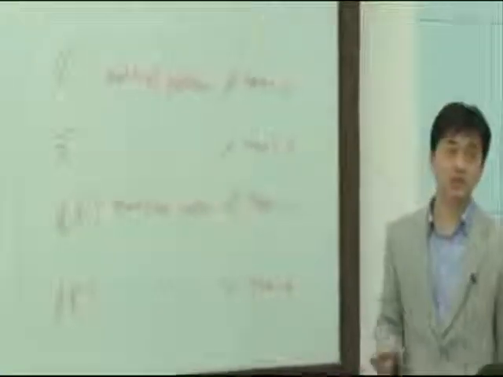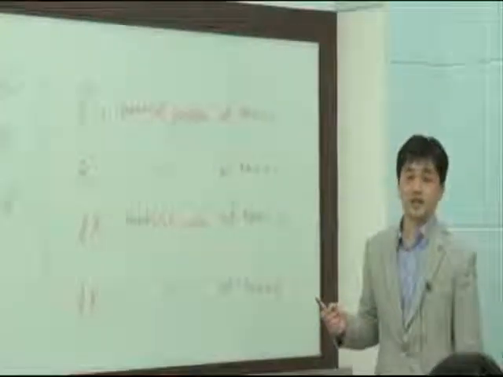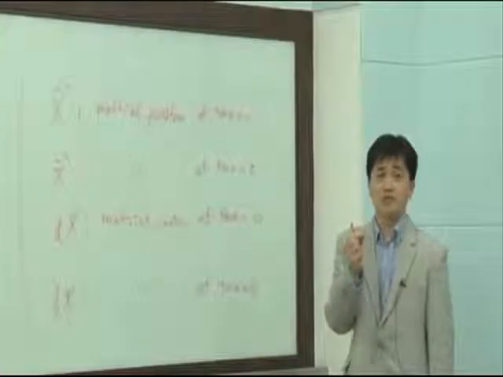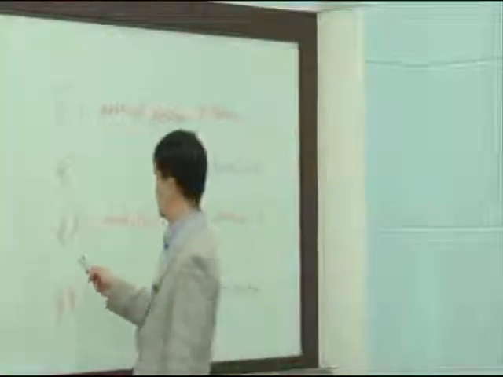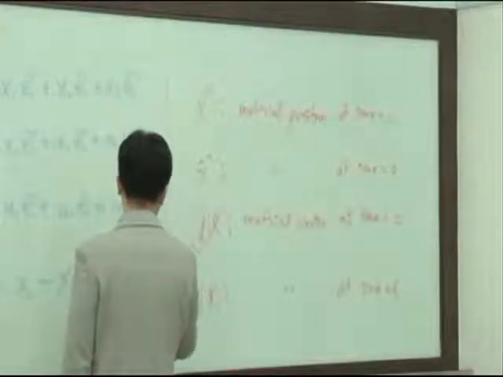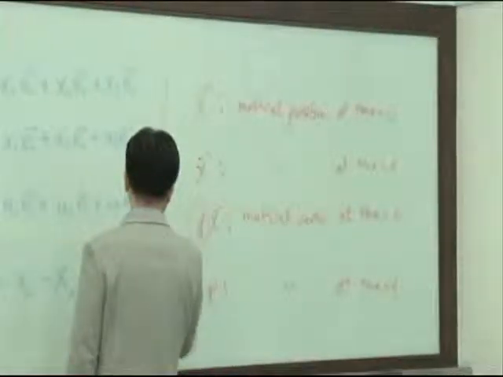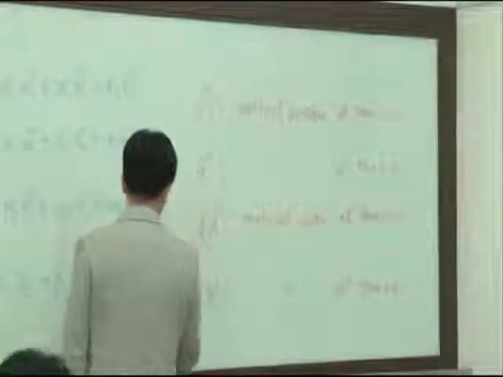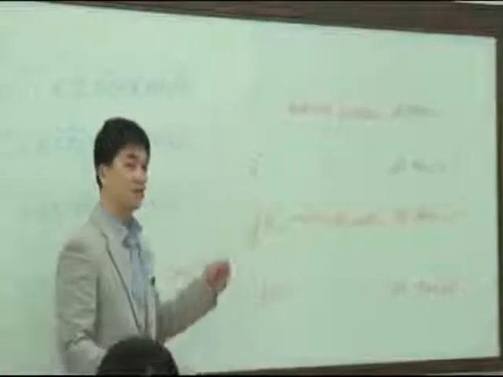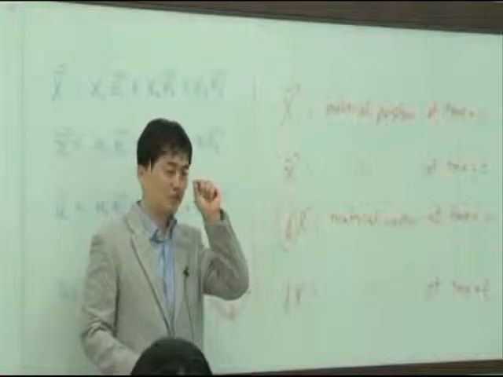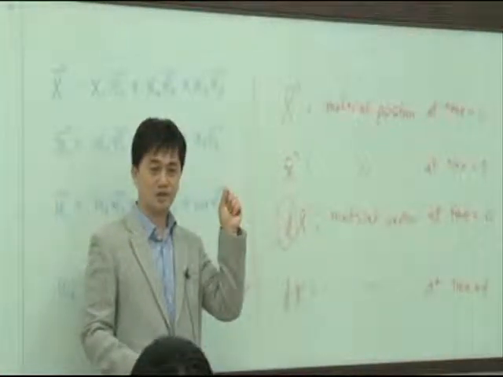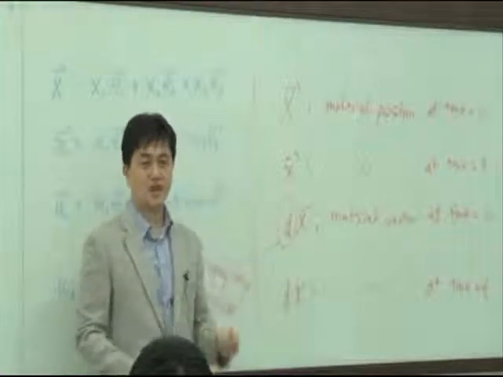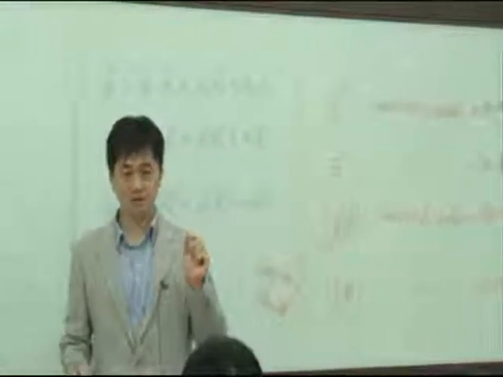Here the d means the differential operator d, right? d means very, very small. So you can think this material vector is a very small vector. Very, very small vector. Okay? The magnitude of that vector is very small.